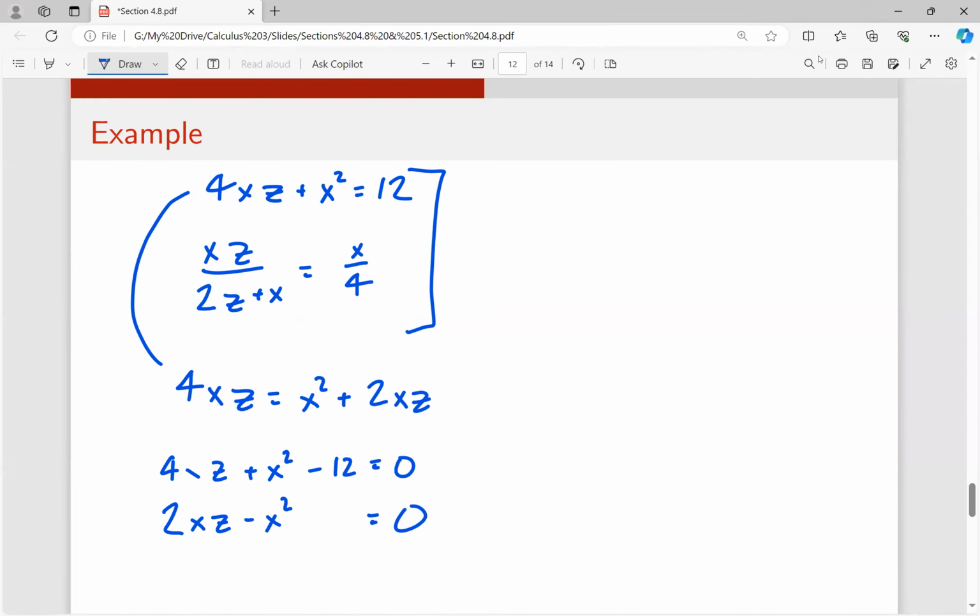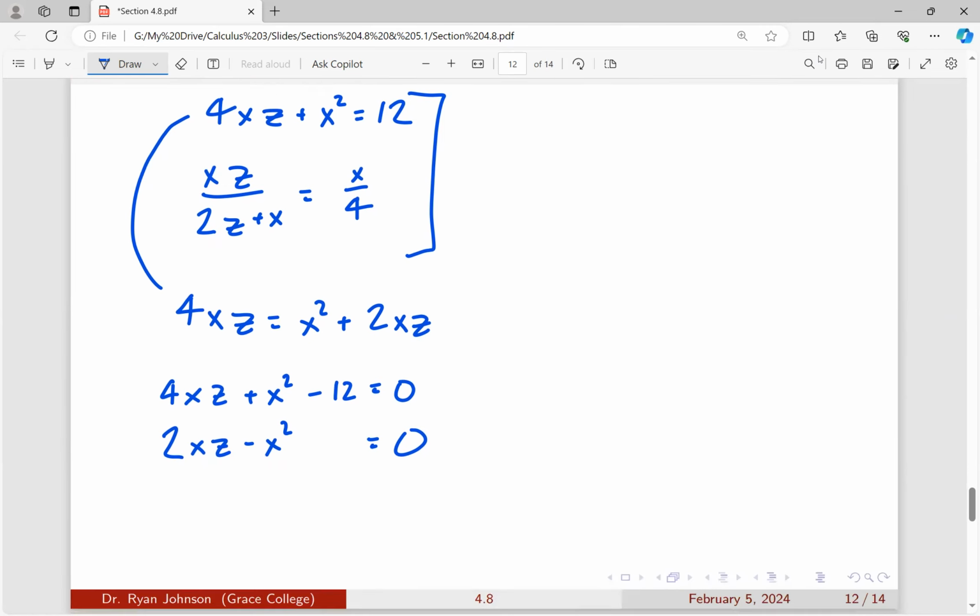So I could add both of these to each other, or I could just get rid of z's. So if I take this equation and multiply both sides by, say, -2, then I get negative 4xz plus 2x squared equals 0.